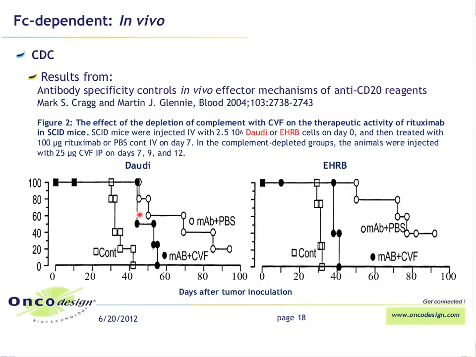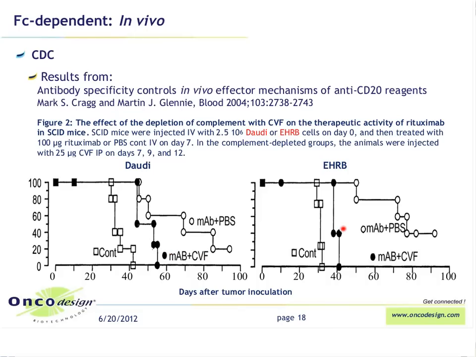You have here two different types of models. Both are CD20 overexpressing models, Dowdy and EHRB, and in both cases we observed an increase in the presence of the antibody and an increase in survival. This efficacy of the antibody is decreased when the complement cascade is inhibited by the cobra venom factor.